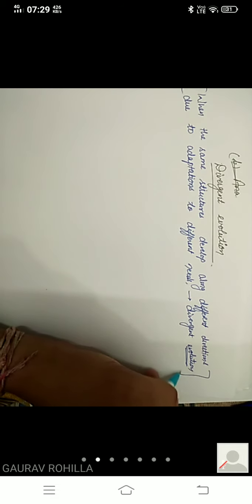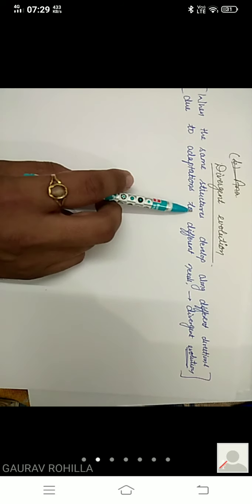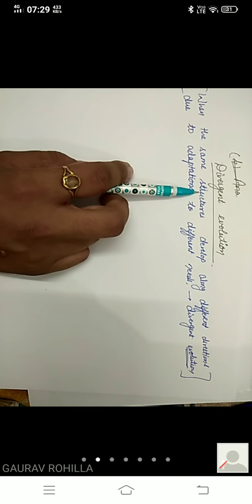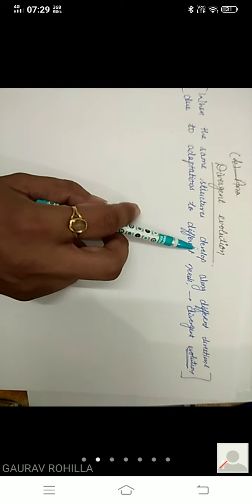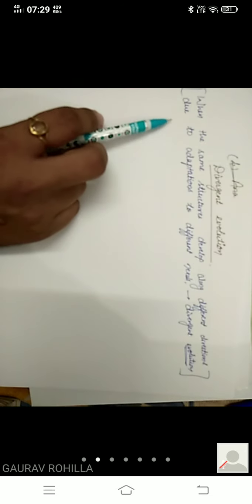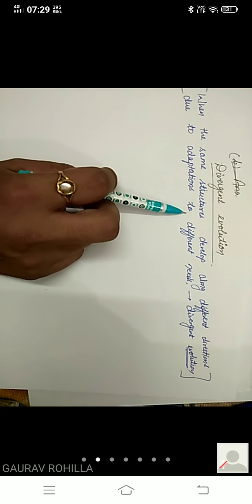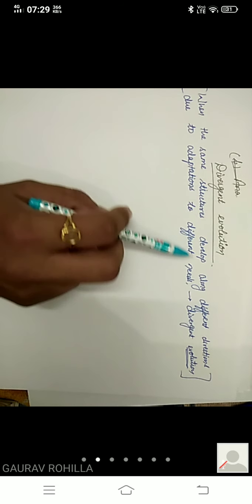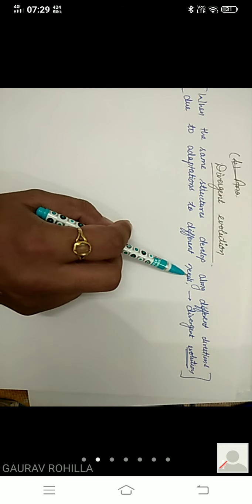What is the meaning of this? In divergent evolution, when the same structure, means same origin, develops in a different direction due to adaptation to different needs.